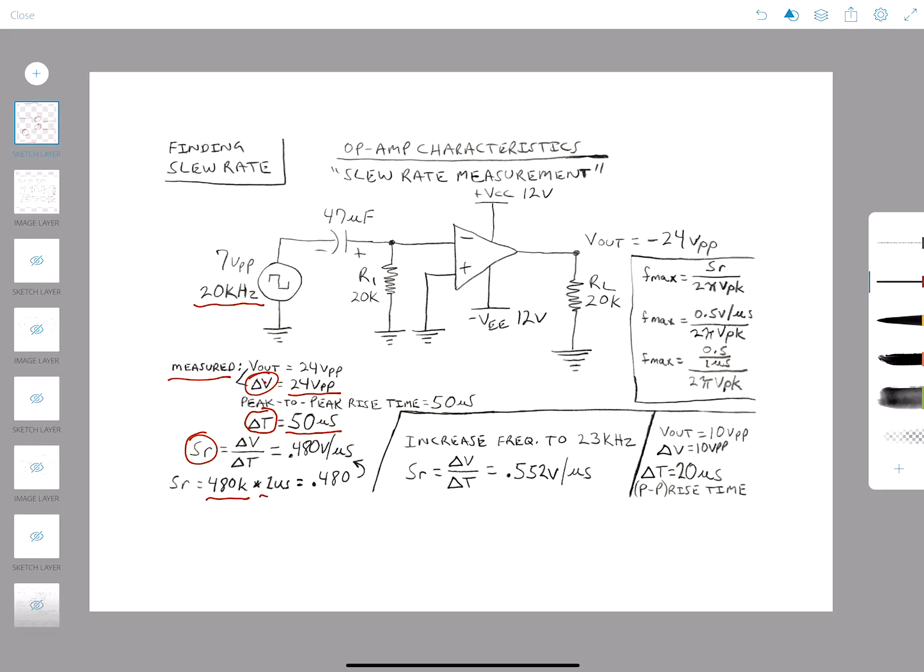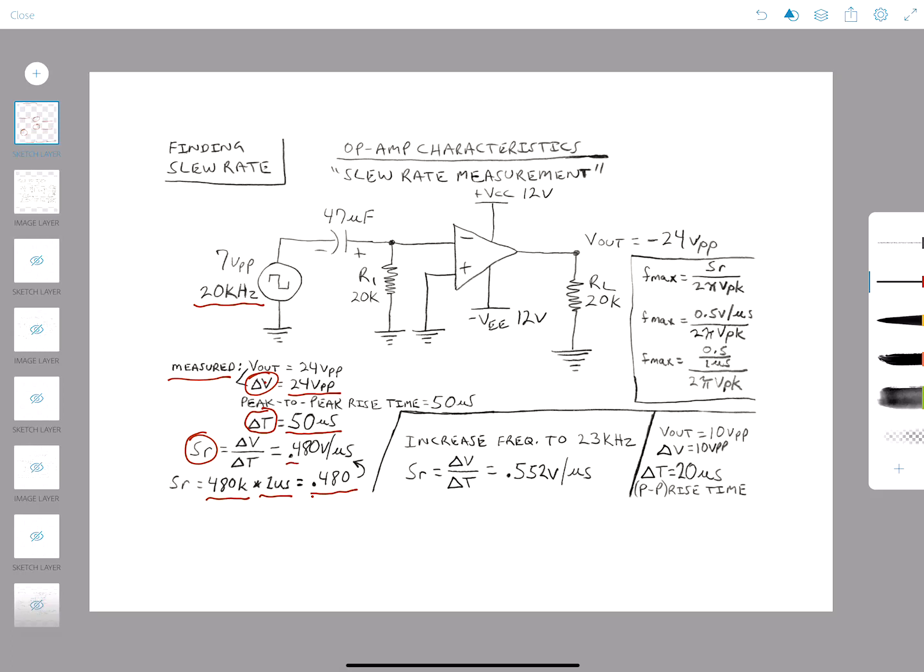Well, that's not how we write slew rate. Slew rate has to be based on the spec sheet, and I'll be sending you a spec sheet. It's based on a voltage per microsecond. So in order to write this correctly, we have to multiply that times 1 microsecond, and that's going to give us 0.48.